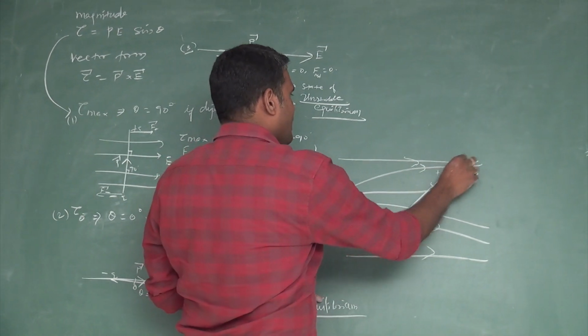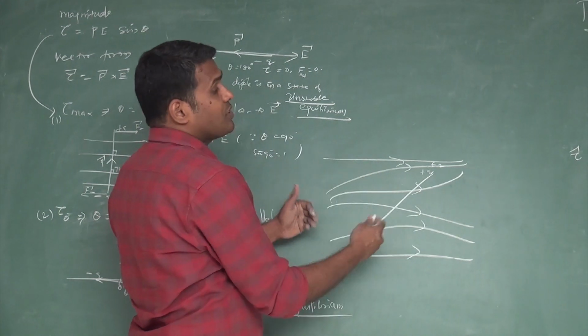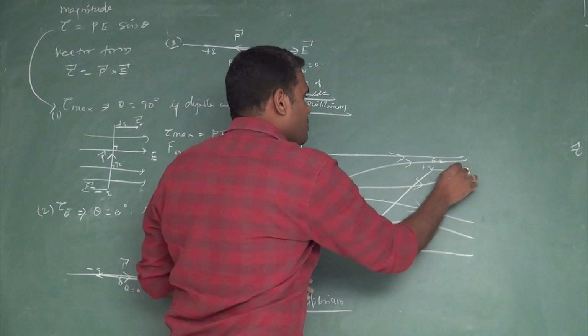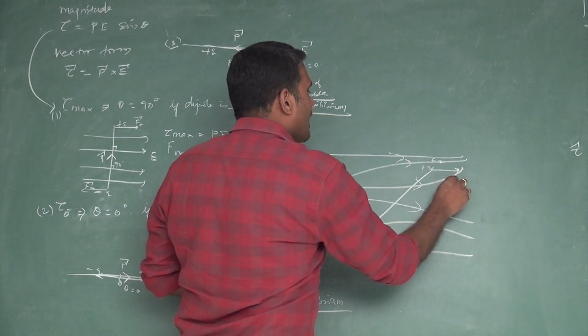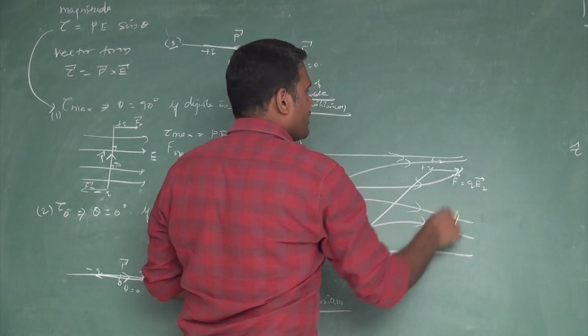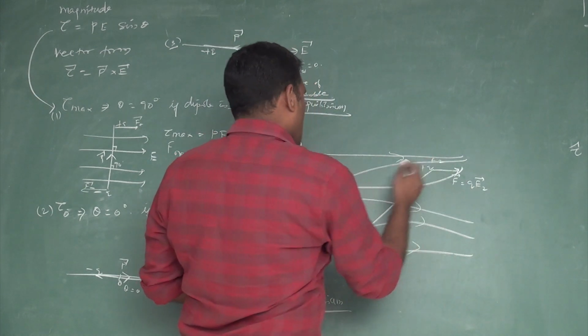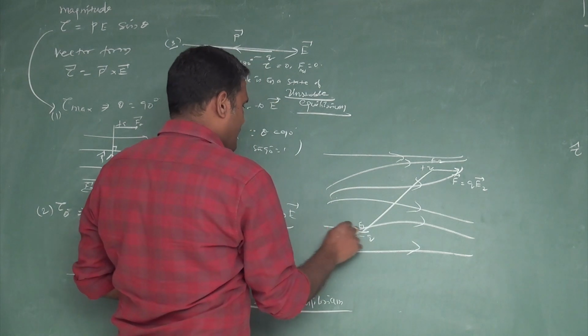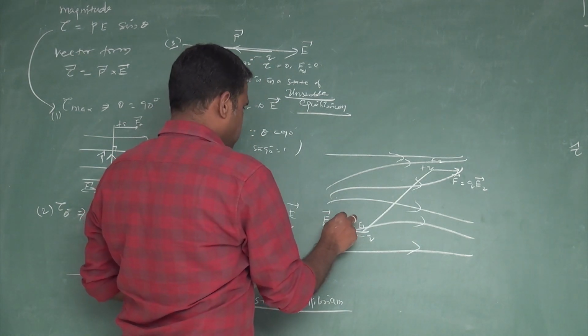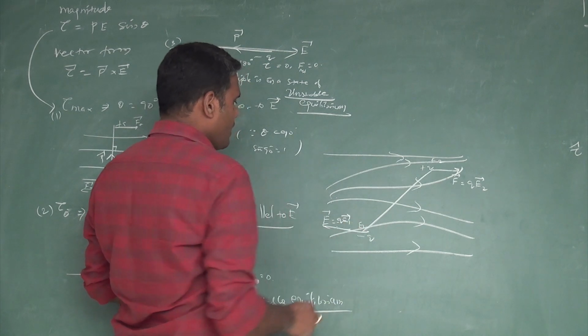At this point the electric field is E2. The fields themselves will differ. They have different magnitudes at different points. So if this plus q is experiencing a force, I can write F vector equals q into E2 vector. And at this point F vector equals minus q into E1 vector.